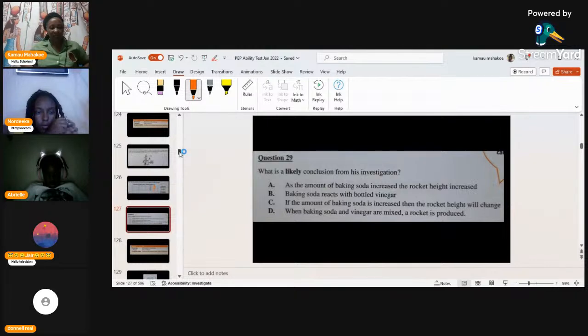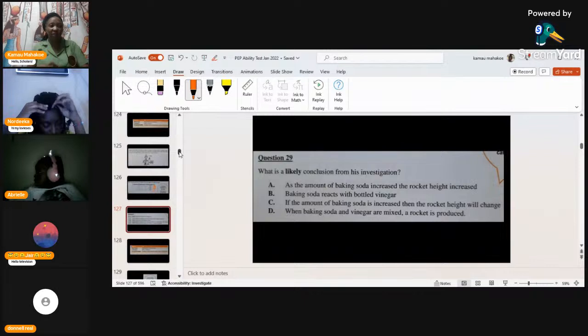We didn't actually create a rocket, we just gave the rockets a propulsion. We propelled it into the air by the reaction because the vinegar and baking soda react together. B is saying that they do react, but that's not the conclusion that happened.